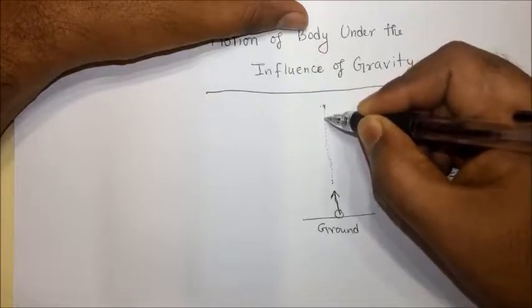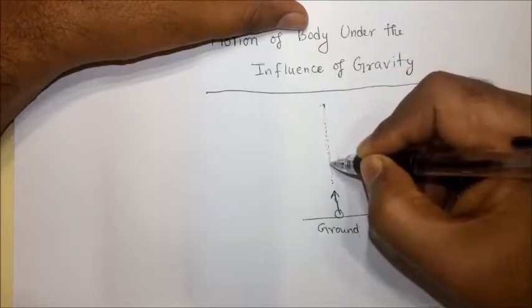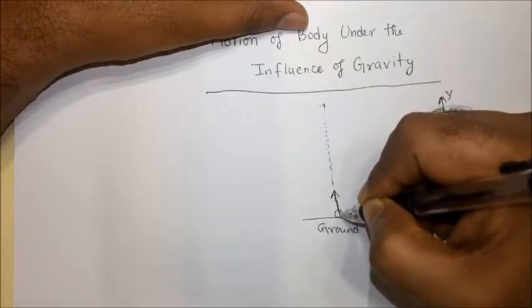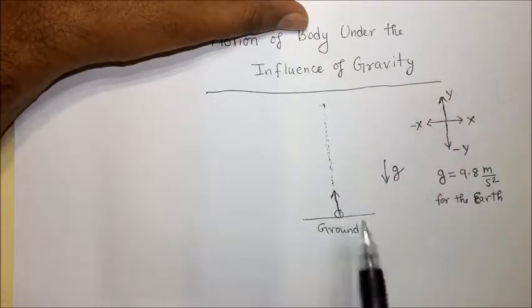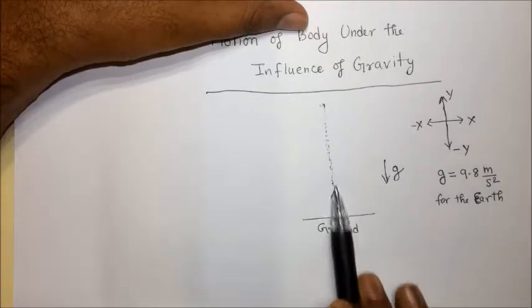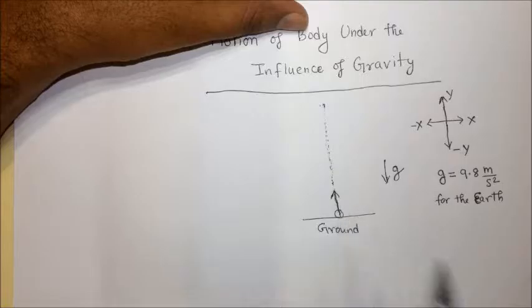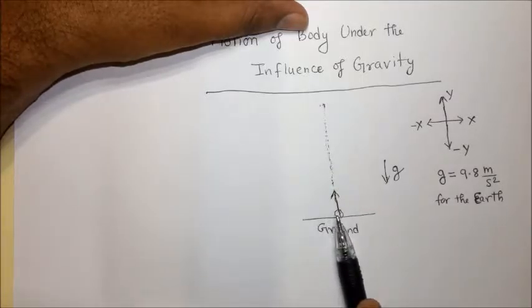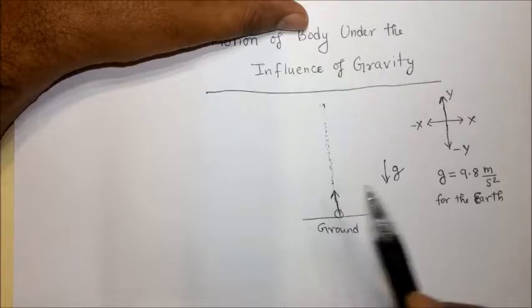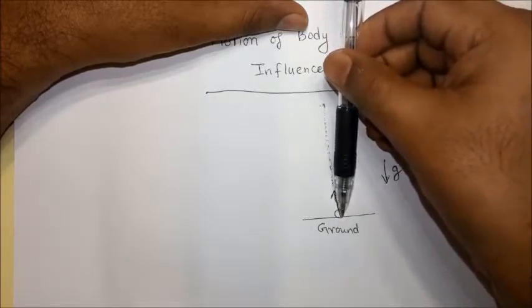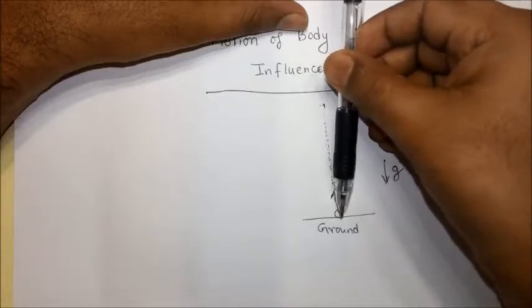So from here it starts with rest, and then it comes down. Its velocity goes up and up, and it hits the ground with the same velocity with which you have thrown it. For example, if you throw with a velocity of 10 meters per second upward, it will return and hit the ground with 10 meters per second downward.